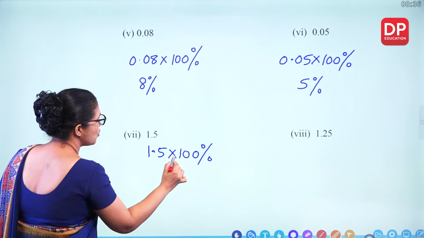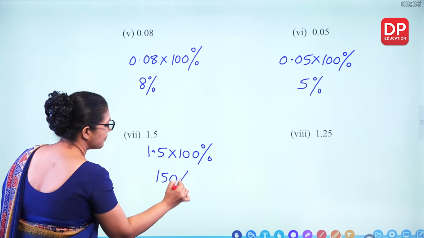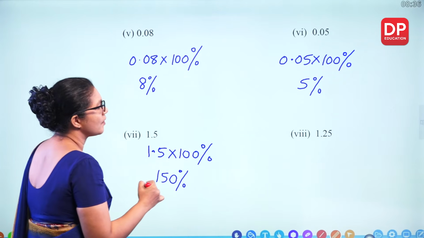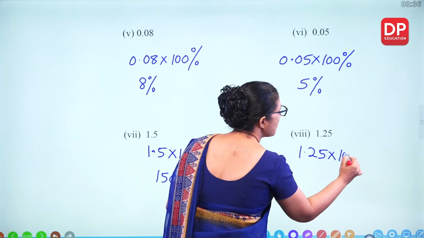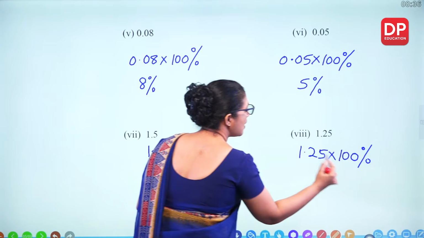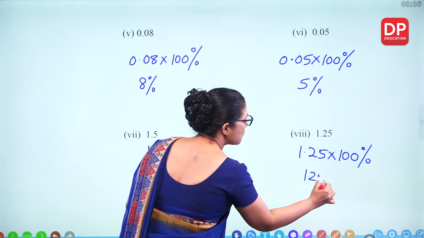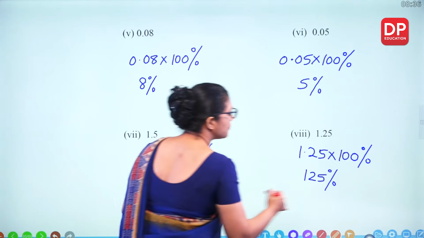So you get 150%. 1.25 multiply by 100%. That means 125%.